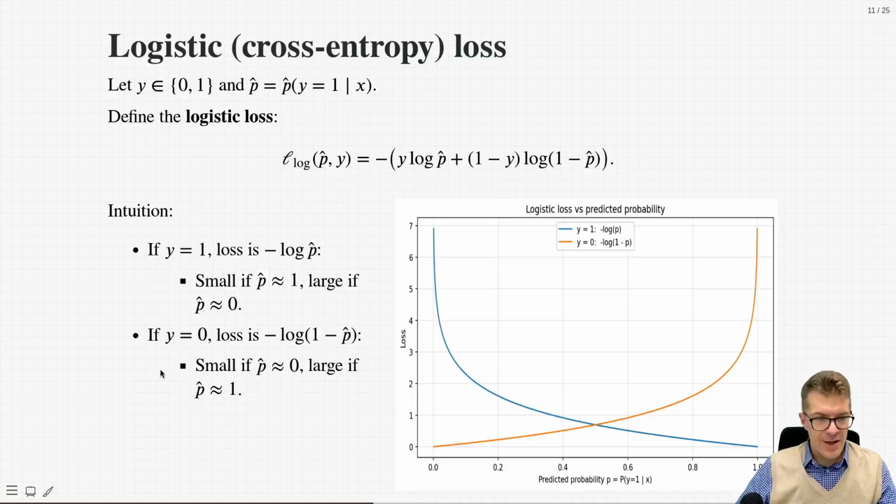And I'll leave it as an exercise for you to see why this chain of reasoning is also true for the inverse case, where the true value is 0, when the engine didn't fail. I'm still going to estimate probabilities of failure in this case, and I can evaluate how good my probability estimate is against that outcome.